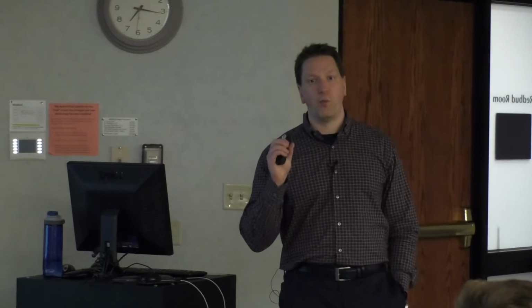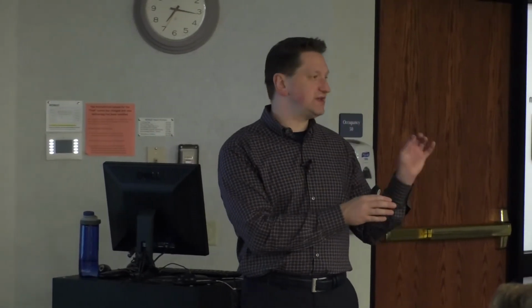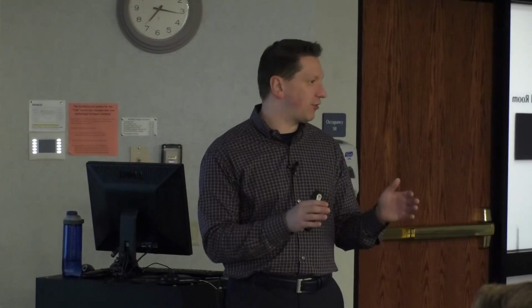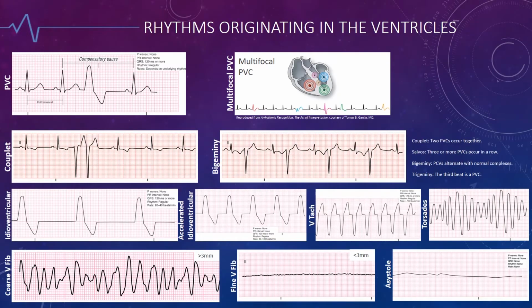Rhythms originating in the ventricle. These are where we start getting into trouble, okay? The key to this is all of these, with some exceptions that you guys will never need to know about, are wide. If the patient's regular EKG is narrow and now they are wide, you are probably in the domain of rhythms originating in the ventricles, okay? So if you go to the emergency department, you pull 1,000 EKGs of wide rhythms.